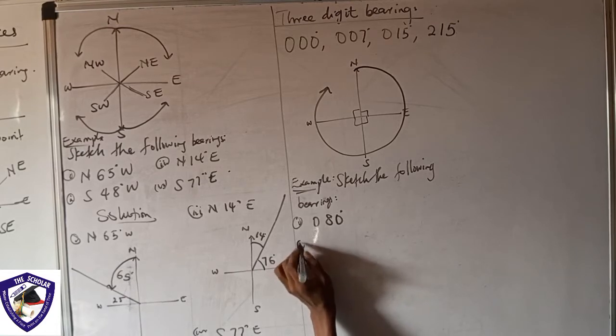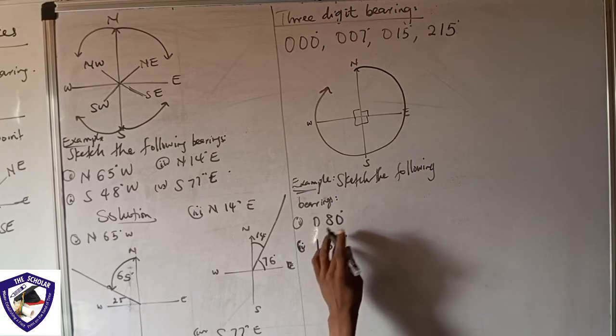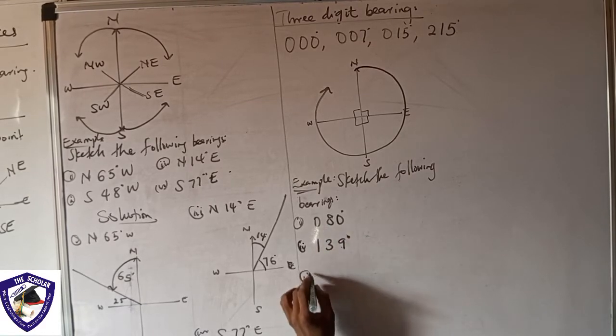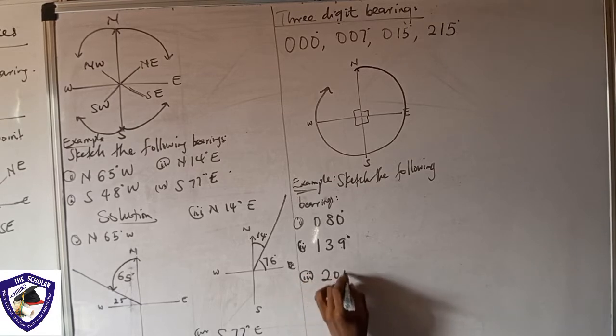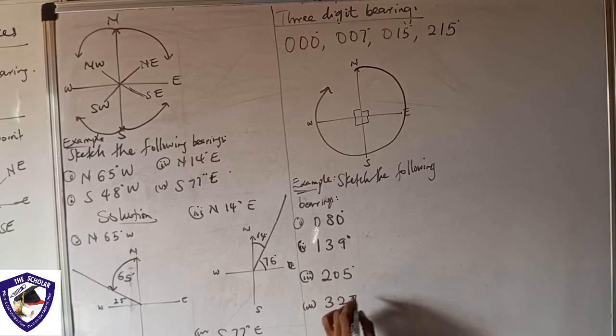Number 2, 139 degrees. Number 3, 205 degrees. Number 4, 325 degrees.